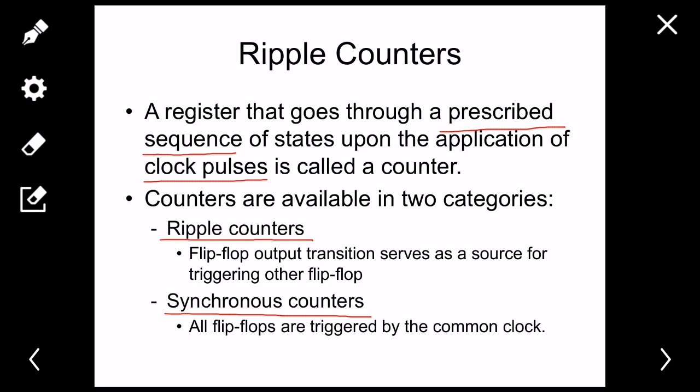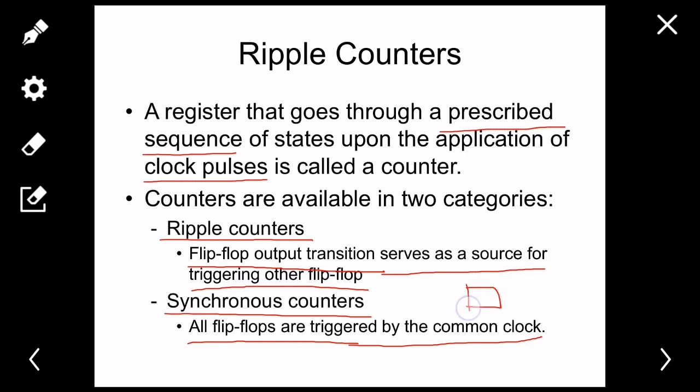Here it is written that in ripple counters, a flip-flop output transition serves as a source for triggering the other flip-flop, whereas for synchronous counters, all flip-flops are triggered by the common clock.